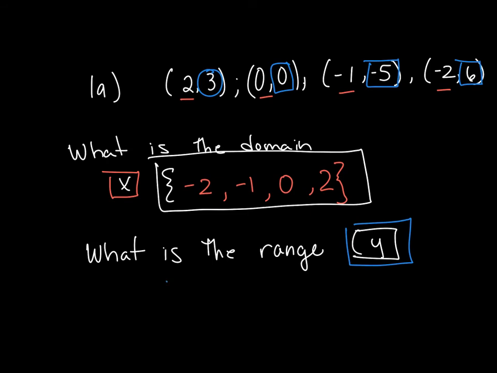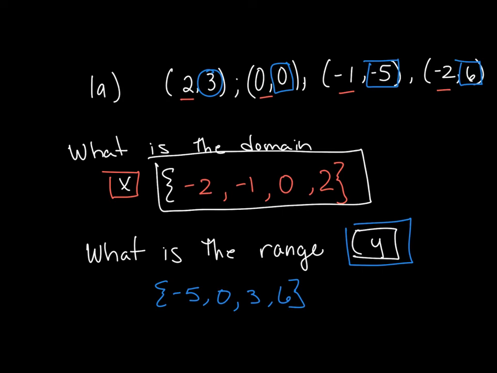So if I put those in order from smallest to largest, smallest one would be negative 5. Then it would be 0, then 3, and then 6. So that's all they're asking. Just what is the domain and range.